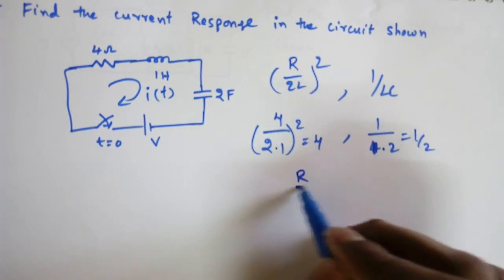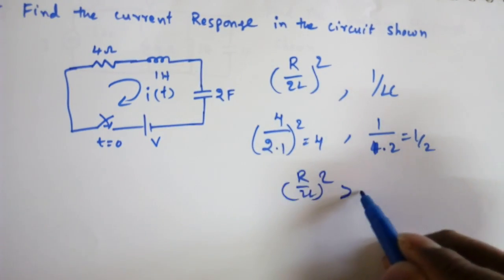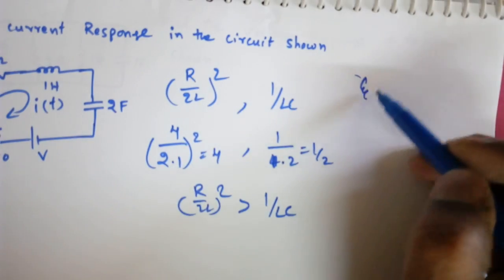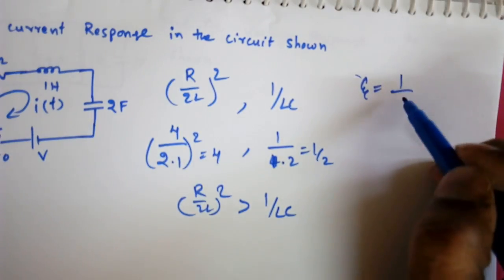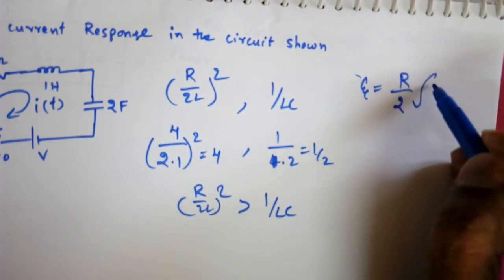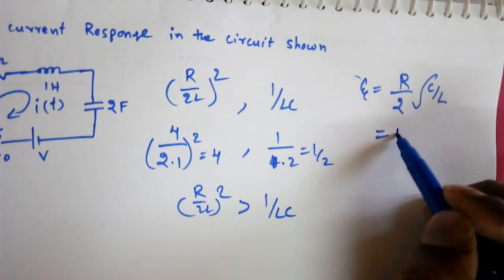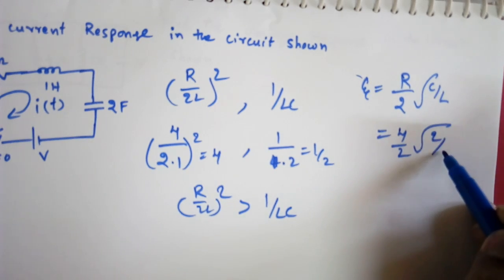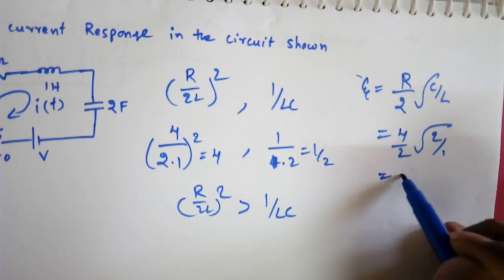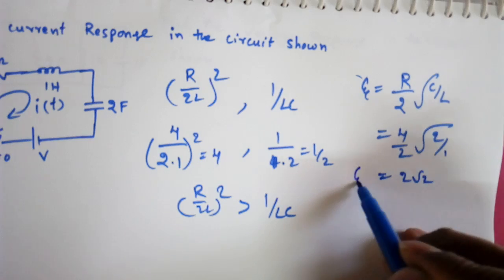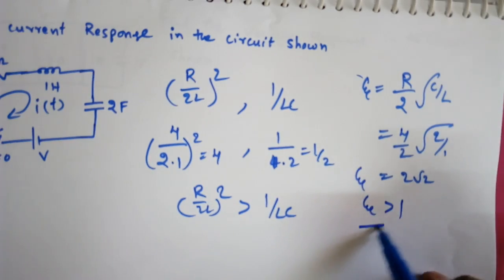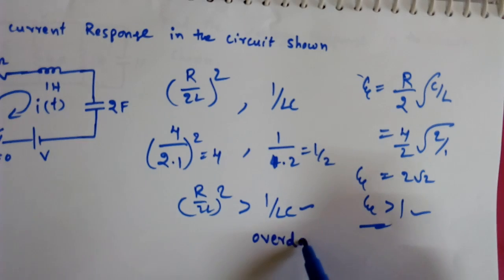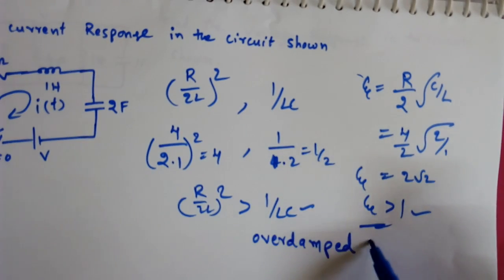So (R by 2L) whole square is greater than 1 by LC. In another way, zeta is equal to R by 2 root of C by L, which is 4 by 2 root of 2, that is 2 root 2. Again zeta is greater than 1. So in both cases it is an overdamped system, overdamped response.